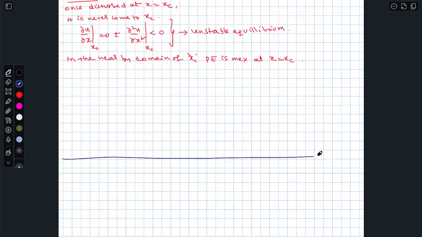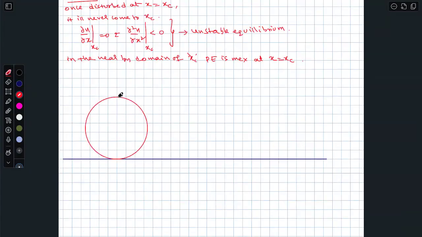Imagine that there is some reference. Imagine that this is the ring. I have two options. I can place an object here.